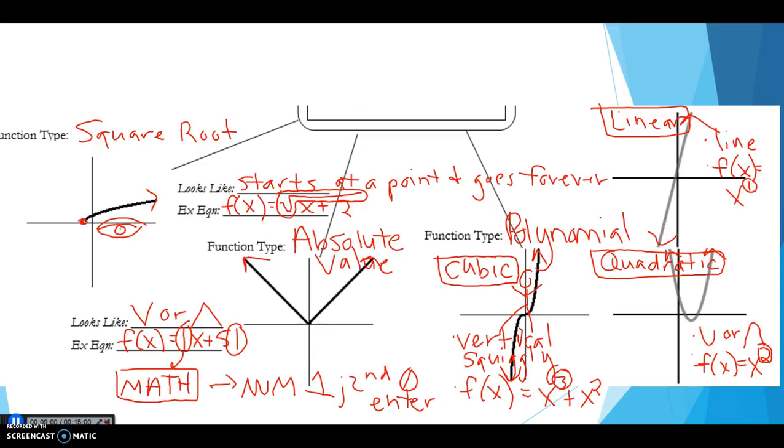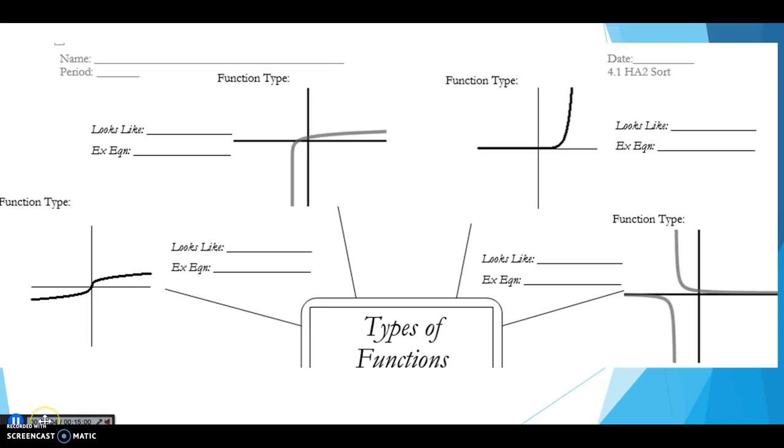So now let's go to the next, to the top part. So the next function type on the left is a cube root. So cube root looks very similar to the cubic. So I just say it looks like a horizontal cubic.